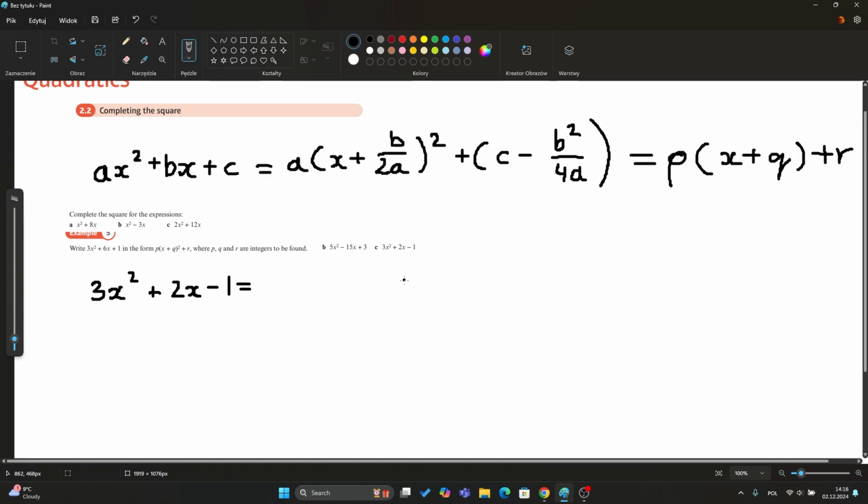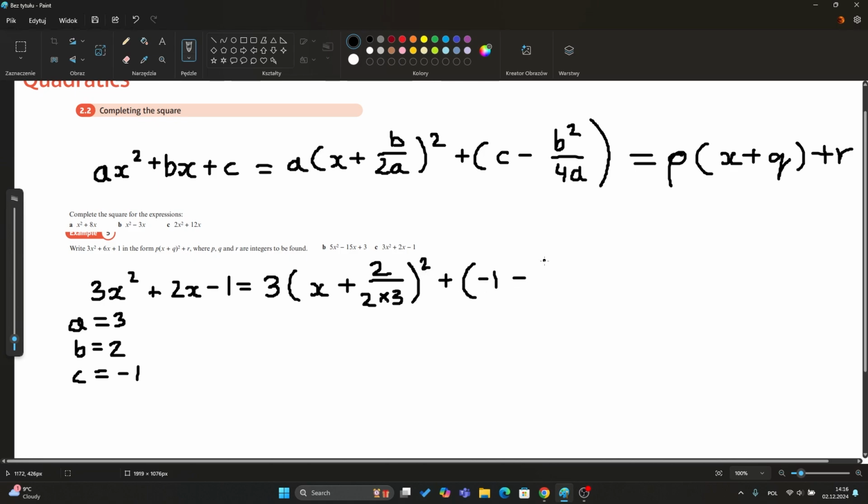Now the last question, where we have a equals 3, b equals 2, and c equals minus 1. So here we use the formula again, so 3 in front, x plus b over 2a squared, plus c minus b squared over 4 times a, is going to be 3 bracket x plus 2 over 6, which is 1 over 3, and that's squared.